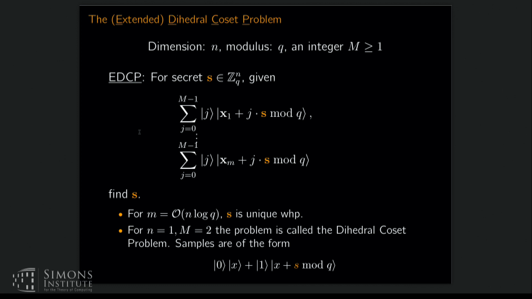This group describing rigid rotations or reflections of a polygon is not abelian because a reflection and a rotation do not commute. If you draw a triangle and rotate and then reflect, it's not the same as reflecting and then rotating. And basically this s would be a hidden reflection if we phrase everything as the problem of finding a generator of the dihedral subgroup.